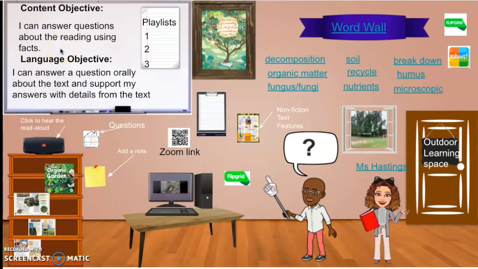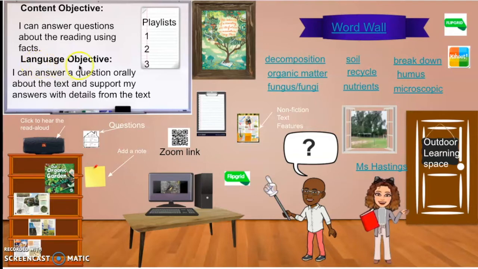So you're going to be able to answer questions that we looked at from the reading. Last time we read the text, each of you came up with a question. Now we're going to look at those questions and answer them using facts from the text.